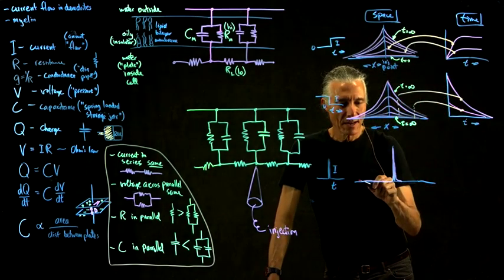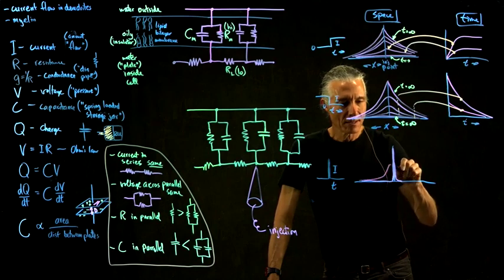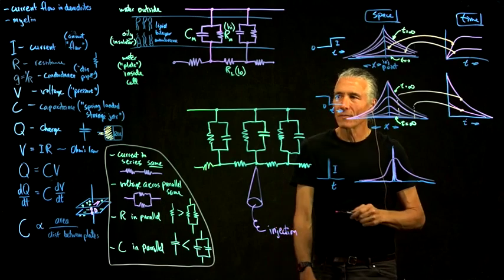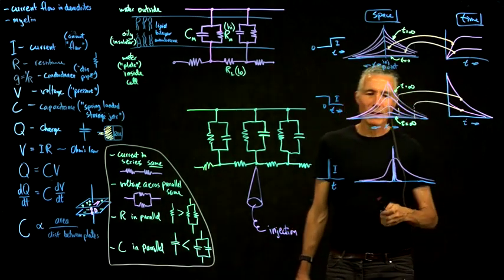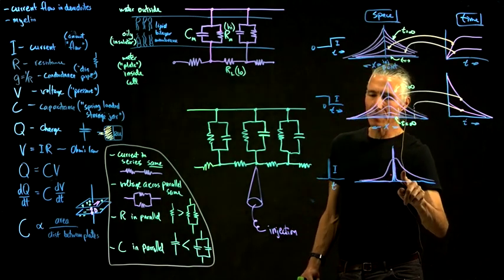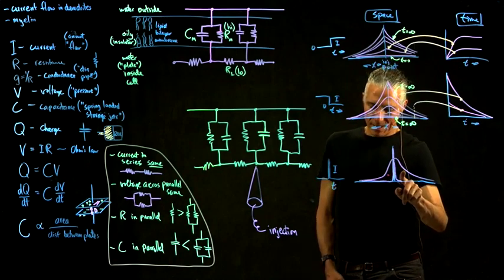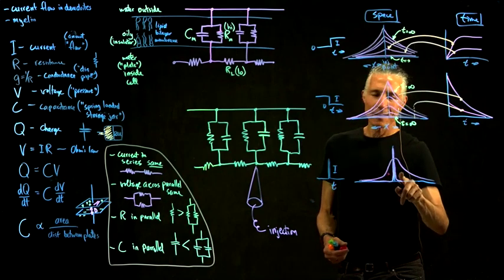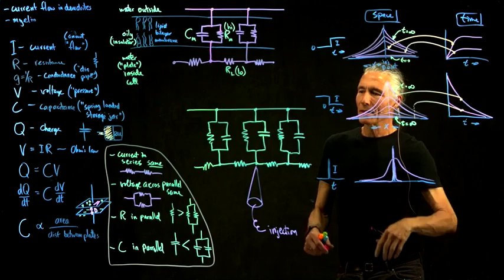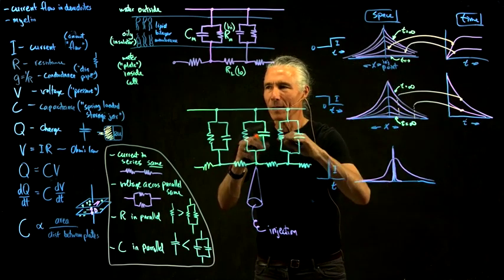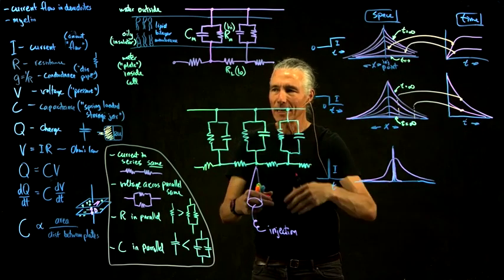And then after a little while, the current will have spread out a little bit like that. Now, where did that current come from at a later point in time? It came from the capacitors, because you stuck some current into the capacitors, and now the current is kind of leaking out of the capacitors.